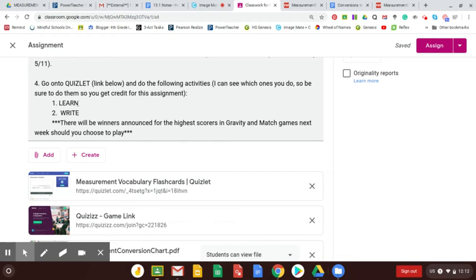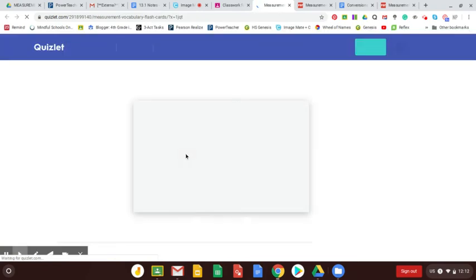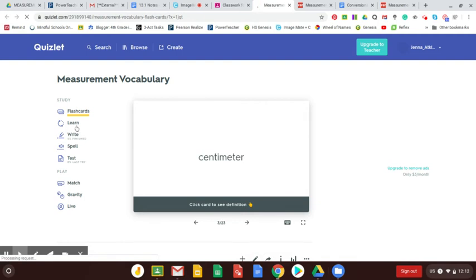So I want you to do the learn and the write. Okay, there are 2 activities. If I click on it, let's see, it might log me in as a teacher, so I don't know if this is actually going to work. Oh no, it will. Okay, so over here, there's flashcards. You can do them first if you want, but the learn and the write are the 2 things that you have to do. Okay, there's also a spell.